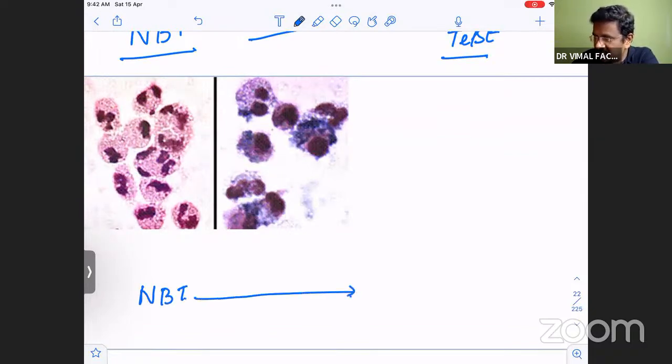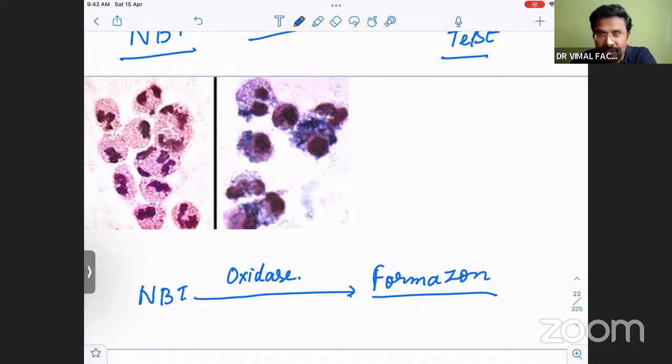In the presence of NADPH oxidase, the nitro blue tetrazolium will be converted into a compound called formazan, which is blue in color. So nitro blue tetrazolium is converted into formazan in the presence of NADPH oxidase.